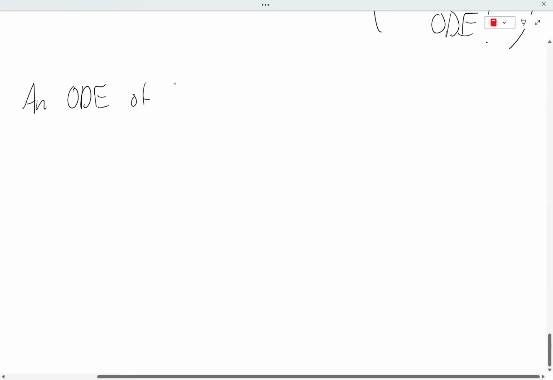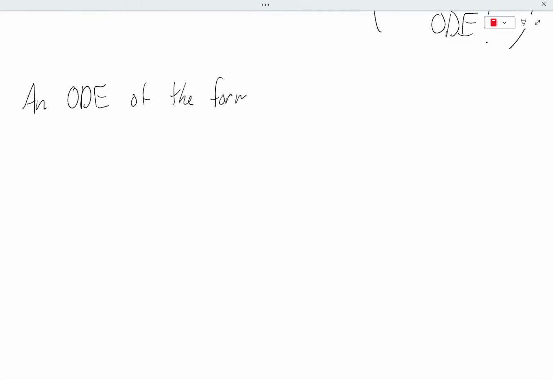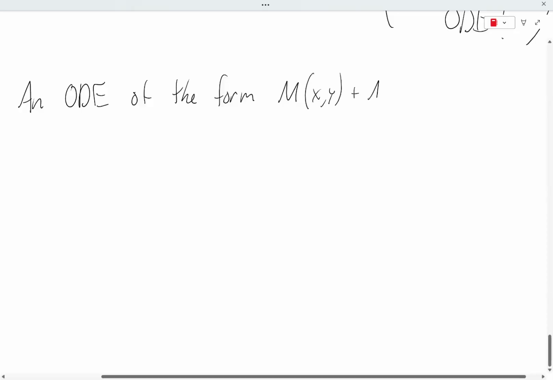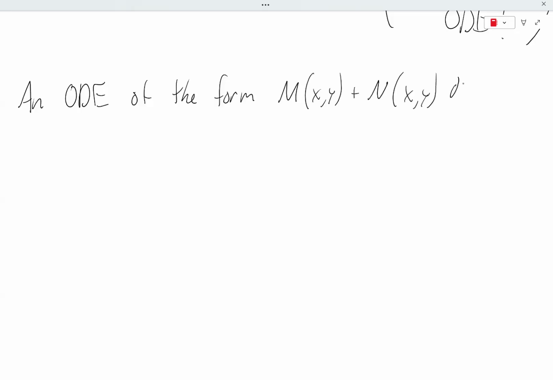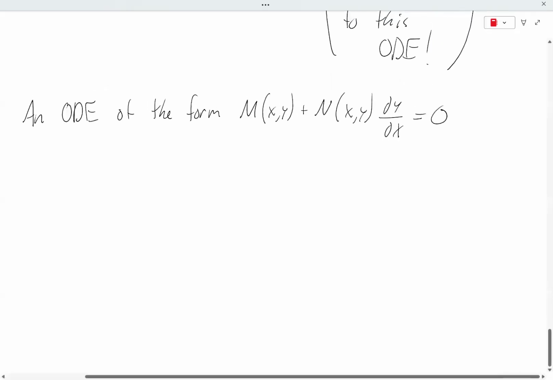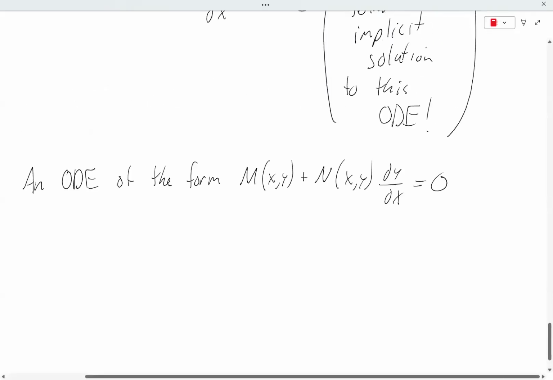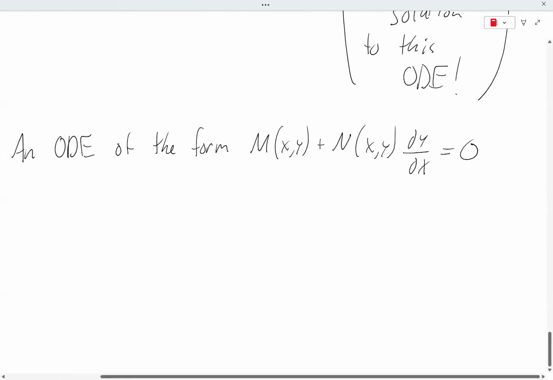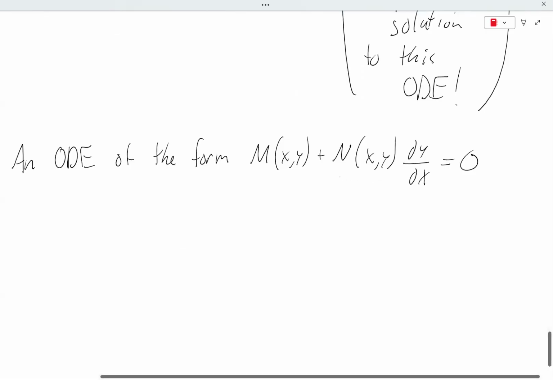Of the form, let's say, M of x y plus N of x comma y, dy dx equals 0. Basically that's what we have here: some function of x and y here, and some other function of x and y here, equals 0.